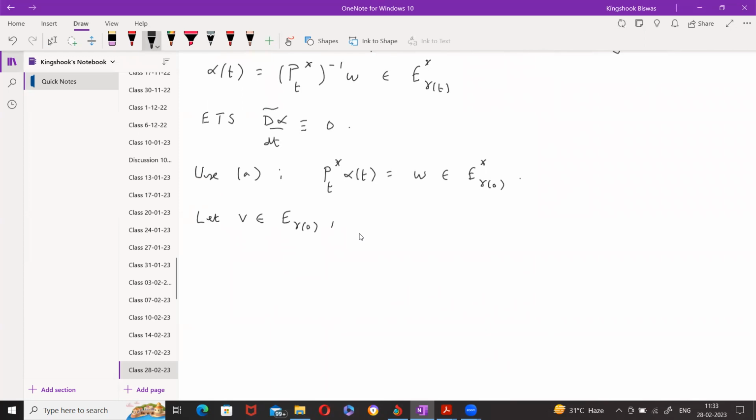So I can apply both of them to V. So then PT star alpha t applied to V is equal to omega V. And what is the definition of the dual linear map? This is alpha t applied to PTV, right?